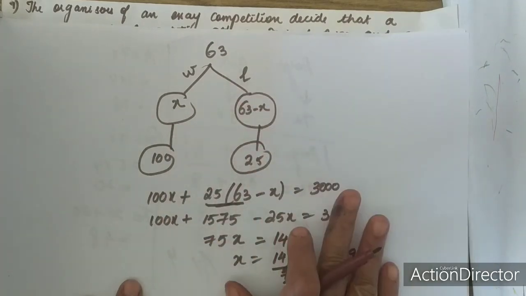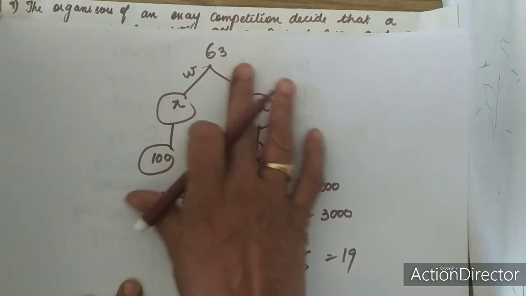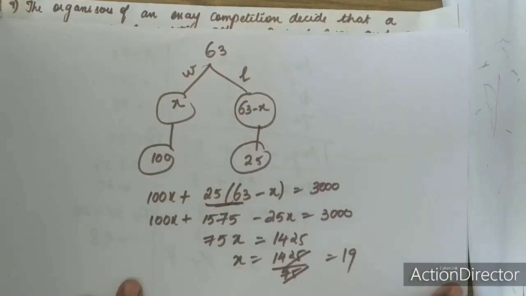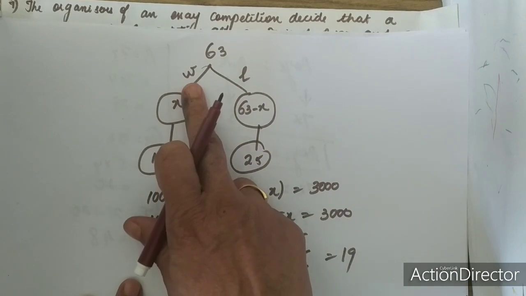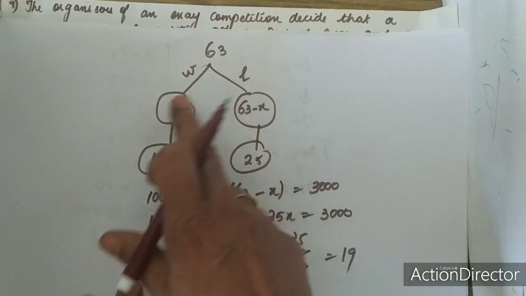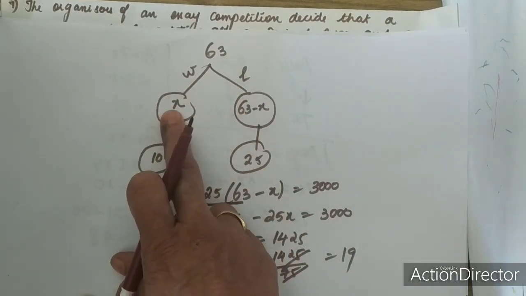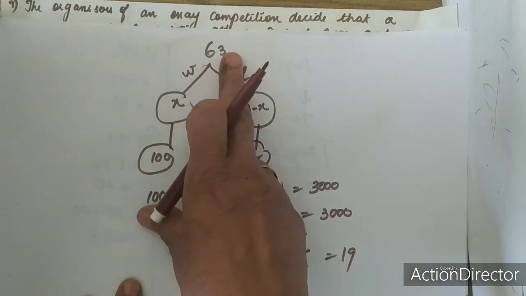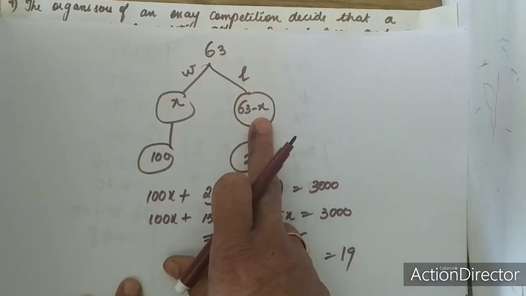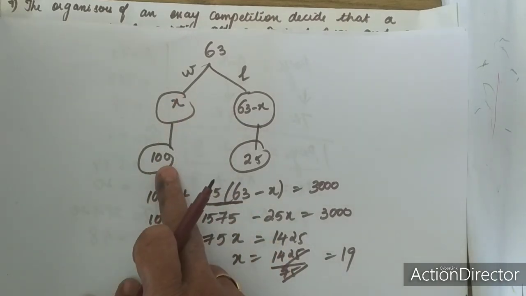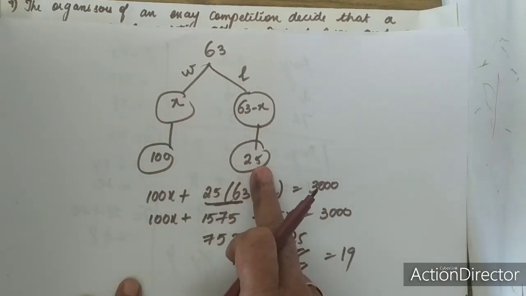So whenever you have an MCQ question, do it fast like this by drawing this diagram. So you'll get the answer very easily. Since the total number of participants is 63, we have taken winners to be X. And since they are asking for the winners, we are taking the winners to be X. And the losers will be 63 minus X. That will be the number of losers. And the winners are getting 100 rupees and the losers are getting 25.